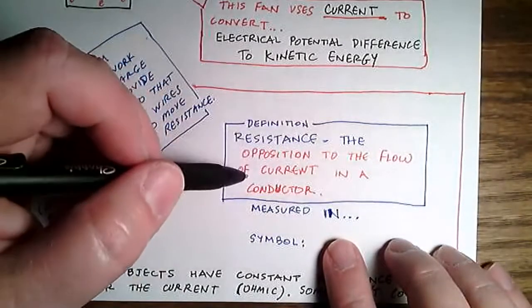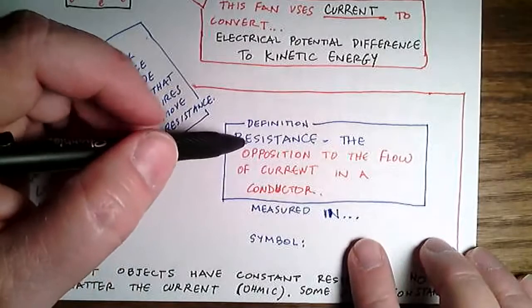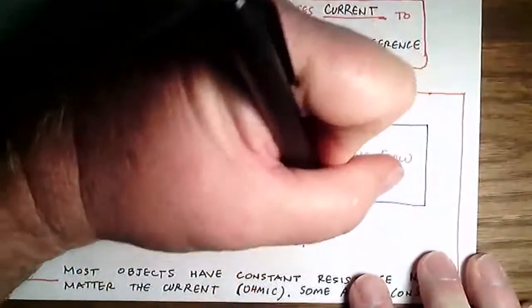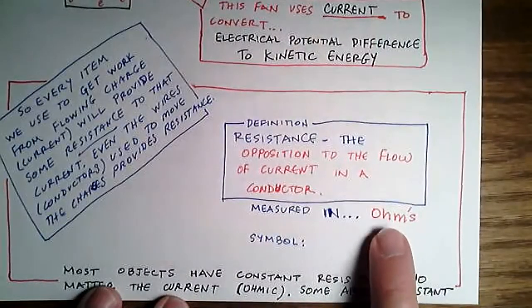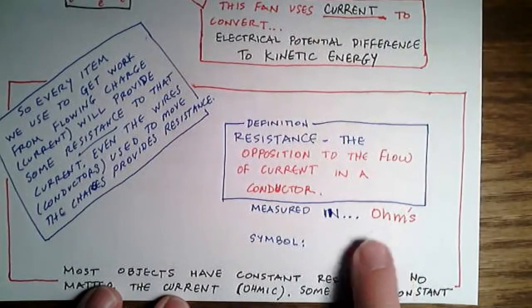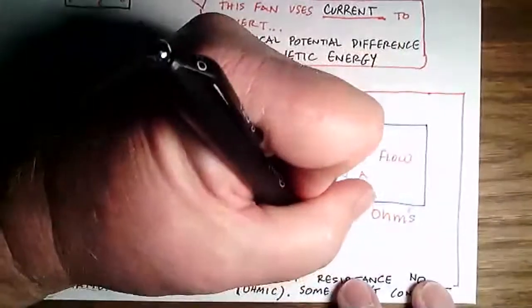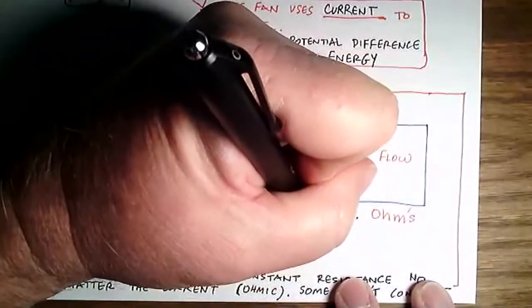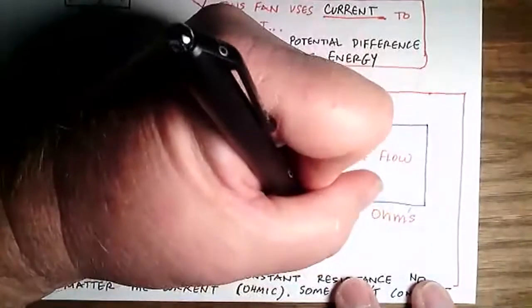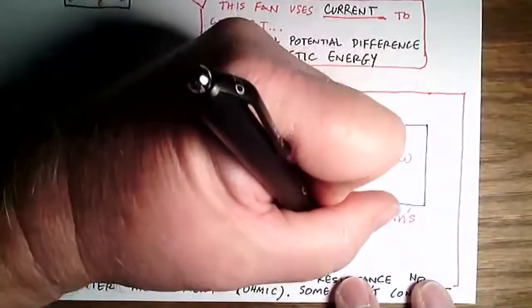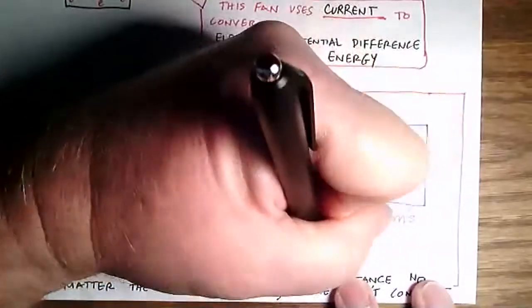We measure resistance in units that are called ohms. Ohms is the unit that we use to measure resistance, and the symbol that represents ohms is the Greek symbol, I guess it'd be a letter, omega.